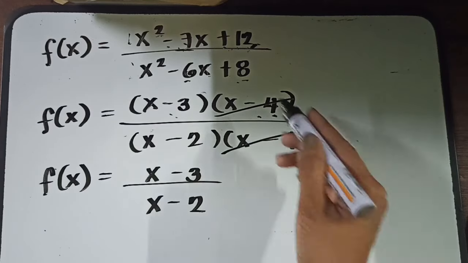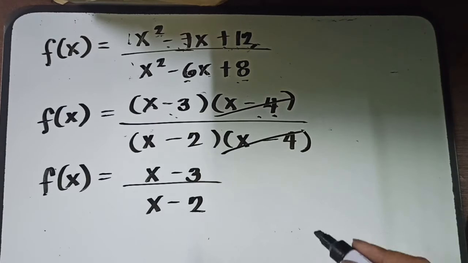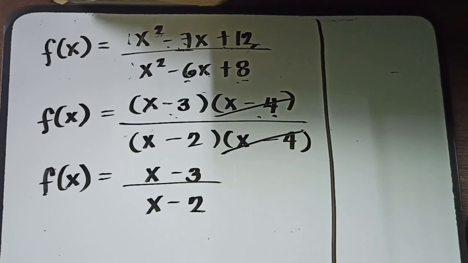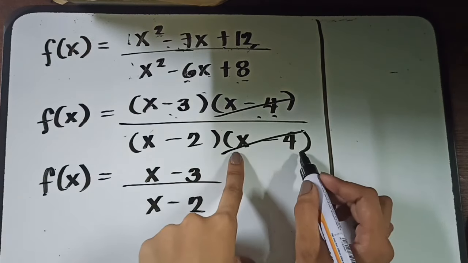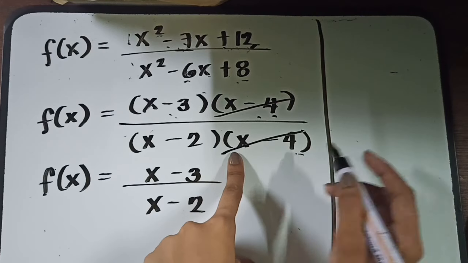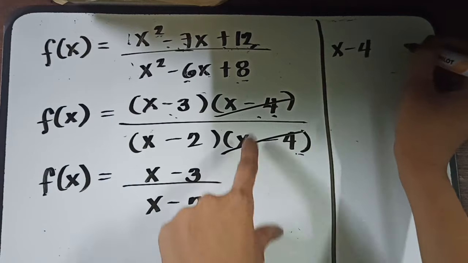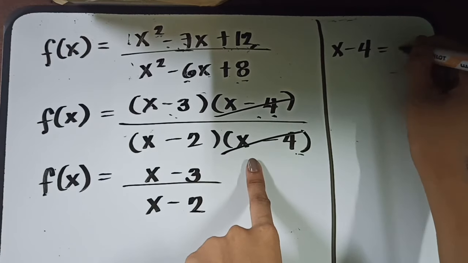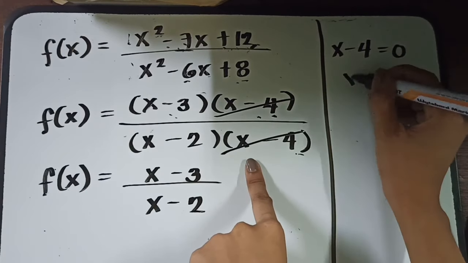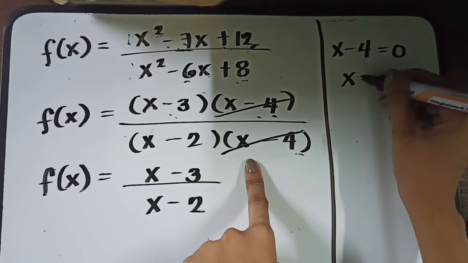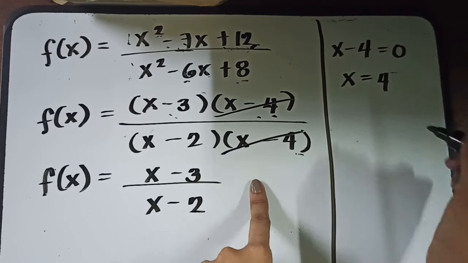Okay. So, ano na nangyari dito sa common factor na to? Kung maaalala nyo, kapag meron tayong common factor, dito papasok si removable discontinuity. Okay? So, sa removable discontinuity, kukunin ang zeros ni common factor. So, x minus 4, since ito ang common factor, equal to 0. And from negative 4, it will become positive 4.